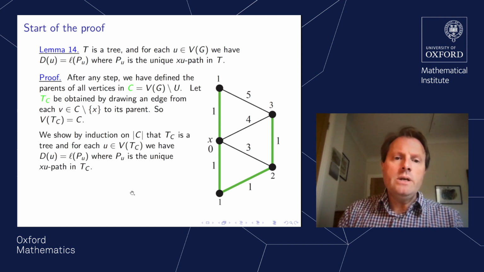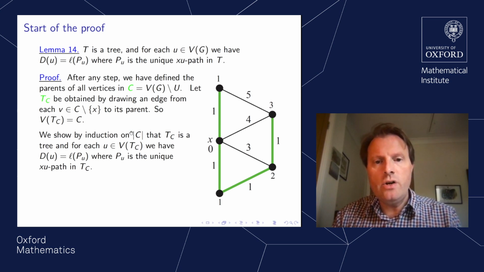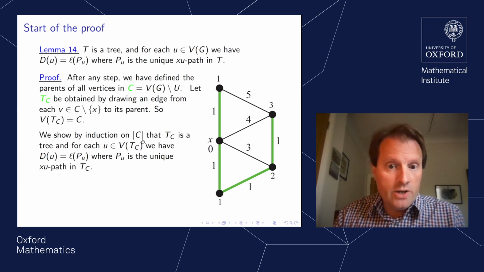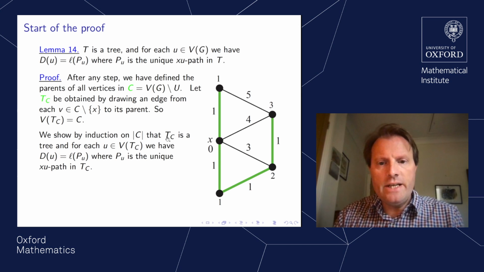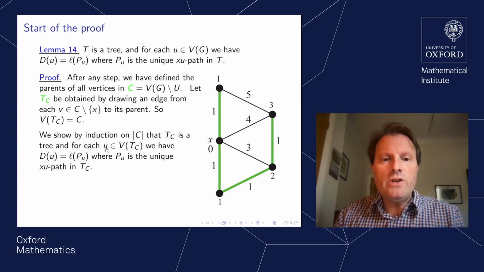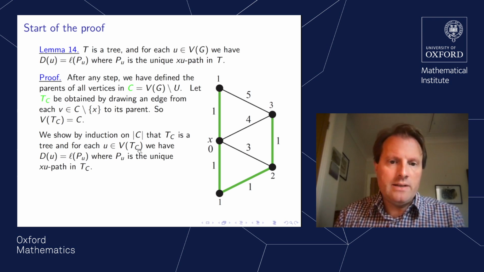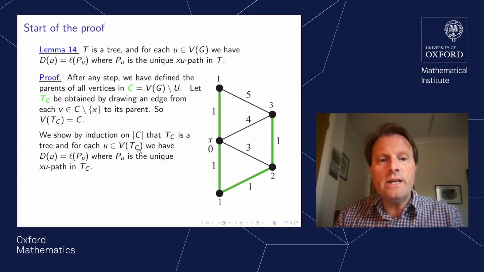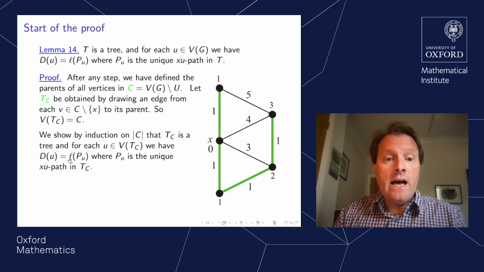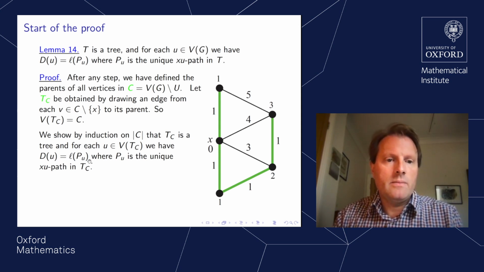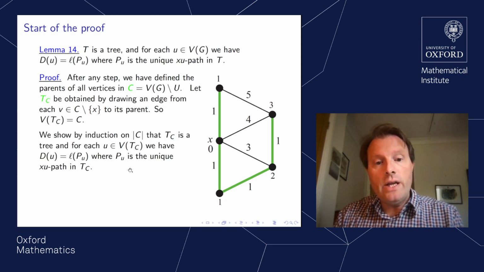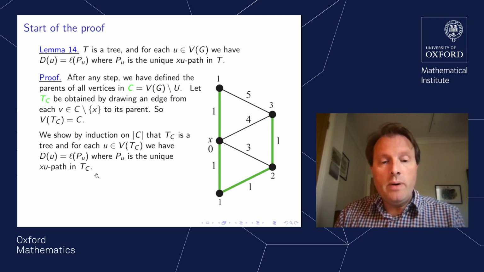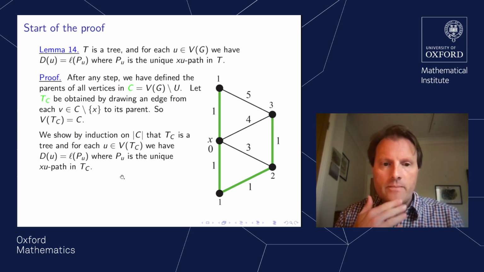What we're going to do is show by induction on the cardinality of C that TC is a tree, and for each vertex U of TC, in other words, each U in C, we have that D of U is L of P of U, in other words, the length of the unique XU path in TC.